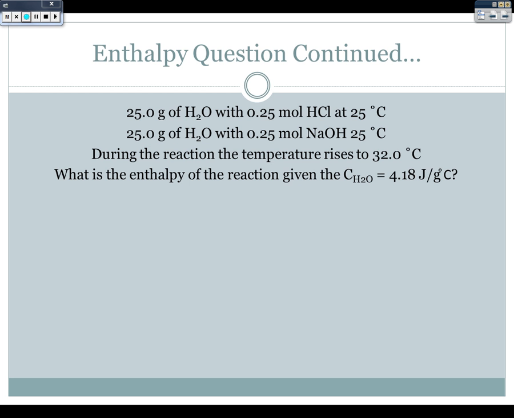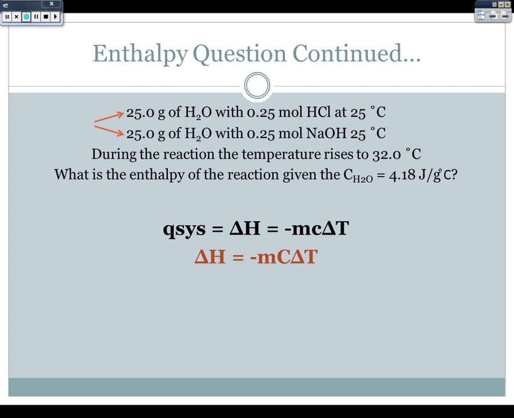So let's identify our equations so we can identify our variables. We know that Q system is equal to delta H, which is equal to negative MC delta T, because Q system is equal to negative Q surroundings. So we need to find a mass, a C, and a delta T.